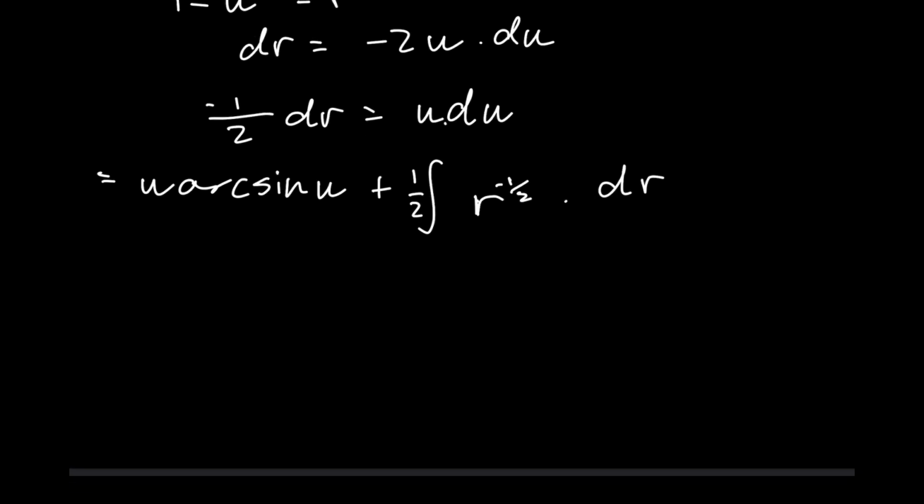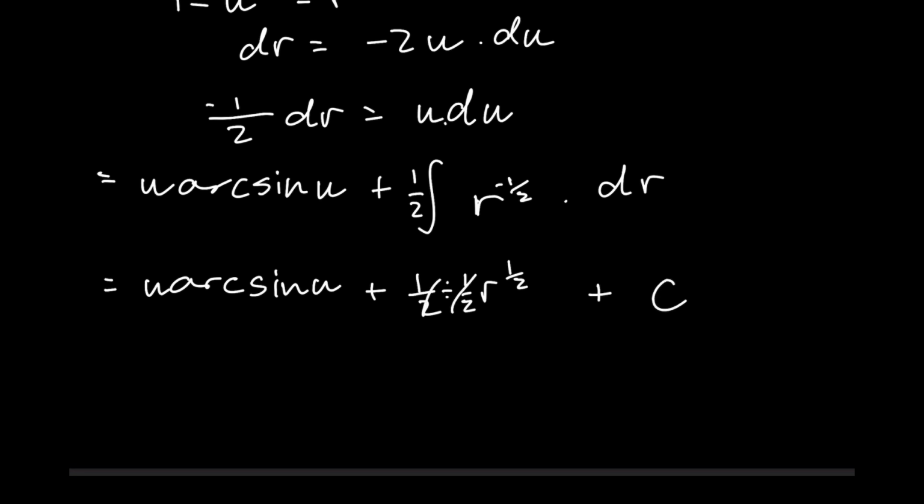So now I can move along with this integral, and we have u arc sine of u plus 1 over 2, and then r goes to r to the power of 1 over 2, and then 1 over 2 divided by 1 over 2, and now these two cancel out and just become 1, and plus c.